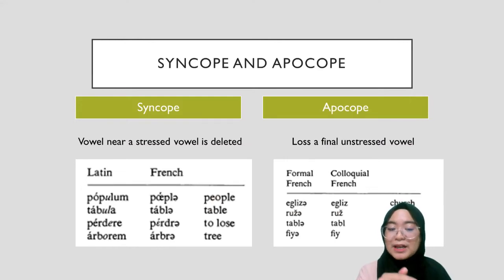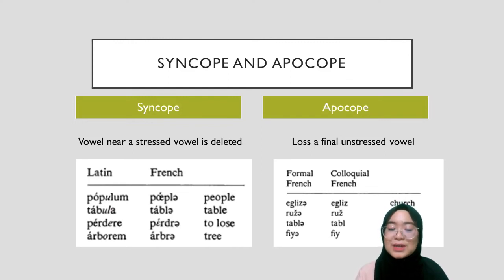The example is taken from French. People, for example, people. See? People, table, Toulouse, tree. We have almost the same way to say table.